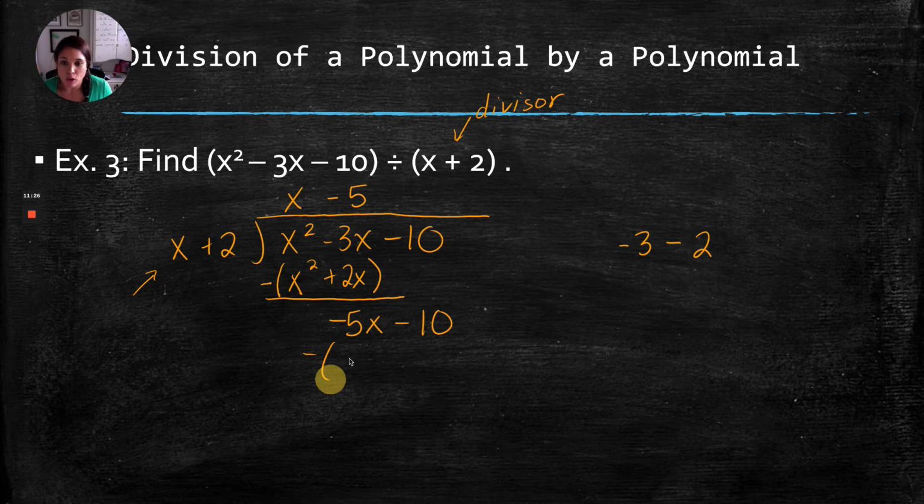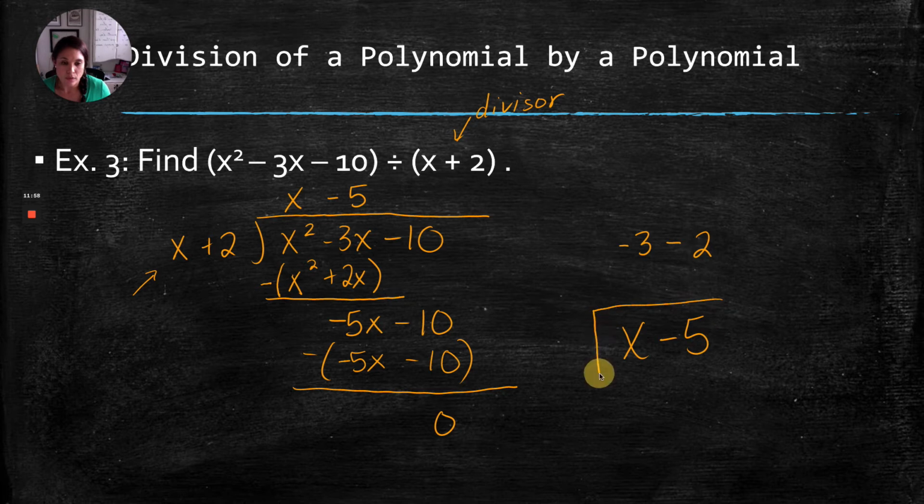I'm going to put my polynomial in parentheses, so negative 5x, and then negative 5 times a positive 2 is negative 10. So this is going to cancel out. These terms cancel, and that becomes 0. A negative 10 minus a negative 10, that is going to become 0. And my final answer is x minus 5. And that is the end of this division problem.